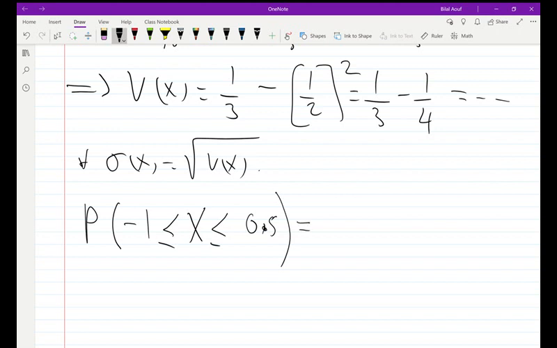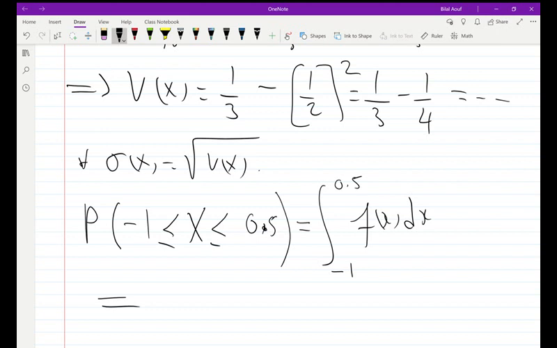So you put it as the integral from minus 1 to 0.5 of f(x) dx.